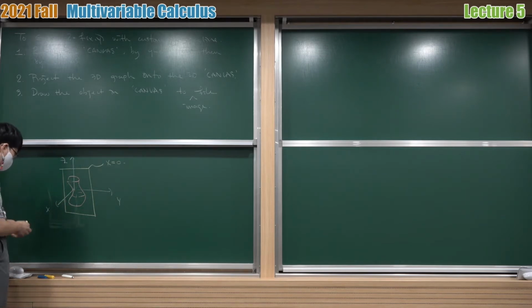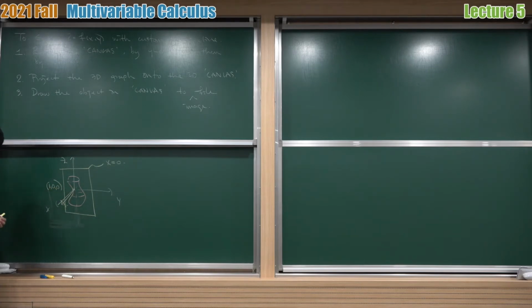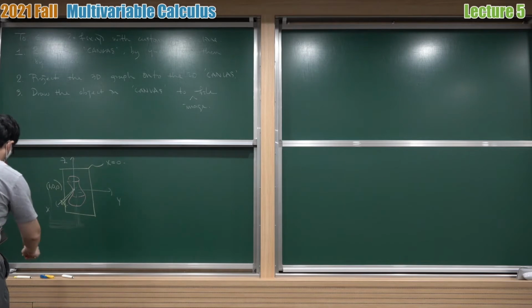That's what we implemented last time. And then think about the normal vector to this plane. It was the x-axis, which was the (1, 0, 0) vector. So after we rotate the plane, this normal vector will also rotate accordingly by y-axis and z-axis. Let's draw the rotated canvas here.